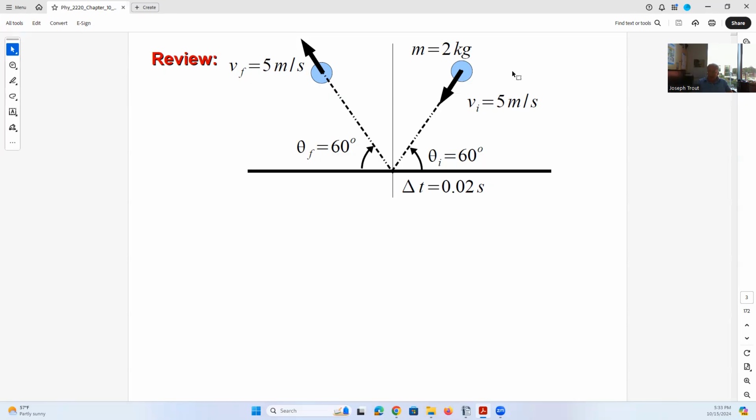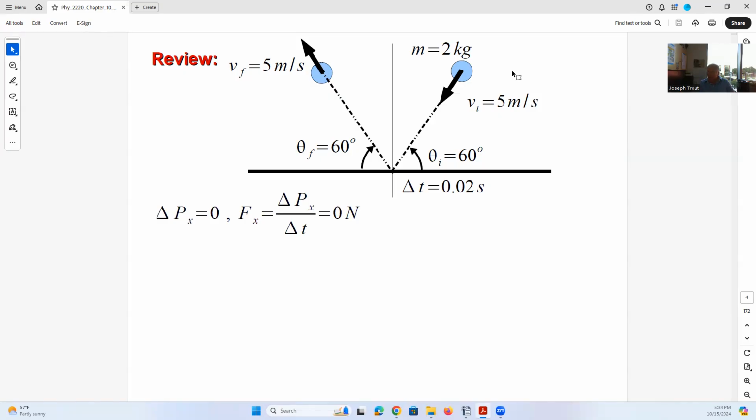It's in contact with the wall for 0.02 seconds, and it rebounds after it collides with the wall with a velocity with a magnitude of 5 meters per second. So it looks like kinetic energy is conserved, and this is an elastic collision.